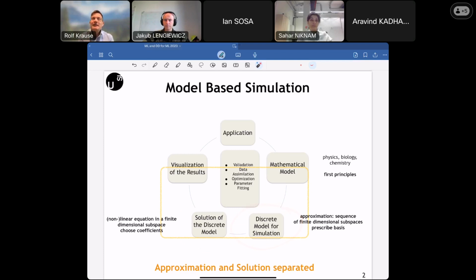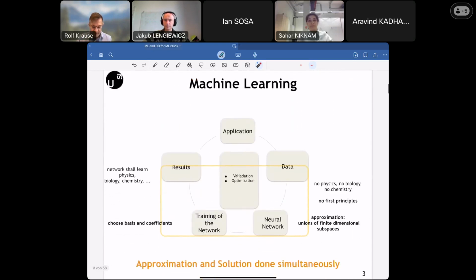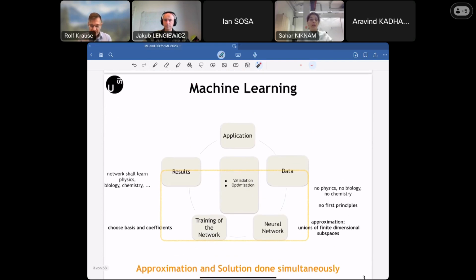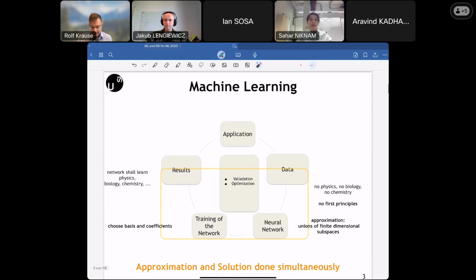In your subspaces, you have a prescribed basis. You use piecewise linear finite elements, piecewise quadratic, whatsoever. You use a basis to approximate whatever you have, which means you have a direct connection between the coefficients in the development of your discrete solution and the approximating function you would like to represent, and networks don't do you this favor.